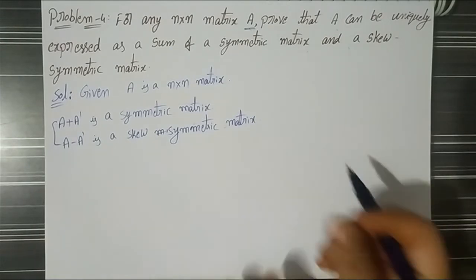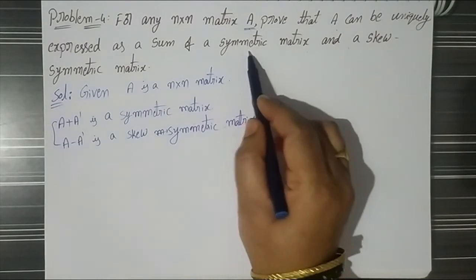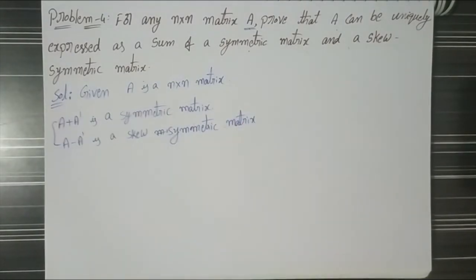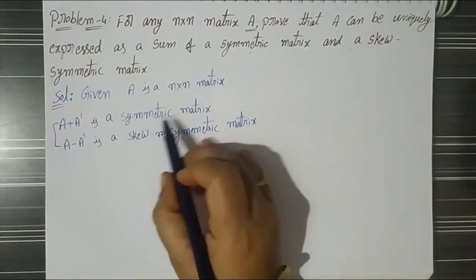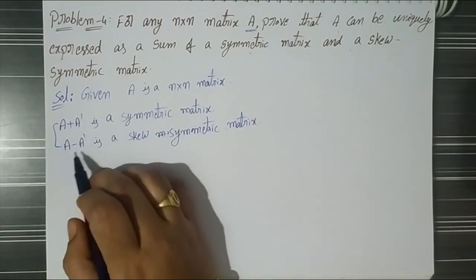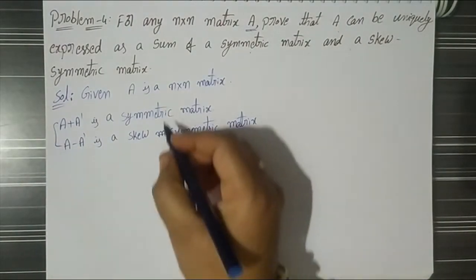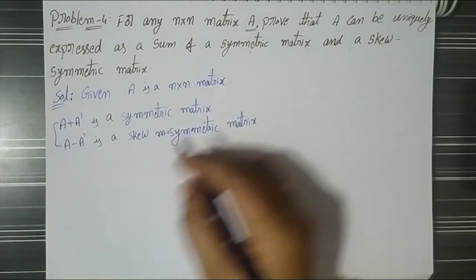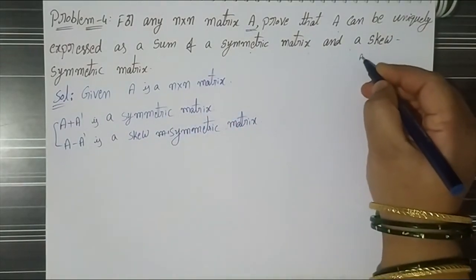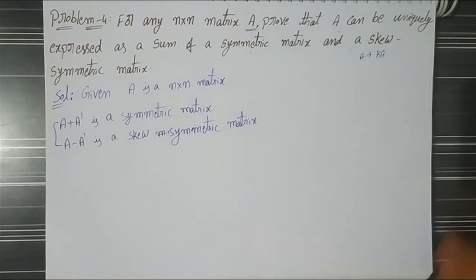Then we have to show the sum of the symmetric and skew symmetric matrices. By the definitions, A plus A dash and A minus A dash are symmetric and skew symmetric matrices. Already we know that if A is a symmetric or skew symmetric matrix, then kA is also a symmetric or skew symmetric matrix.